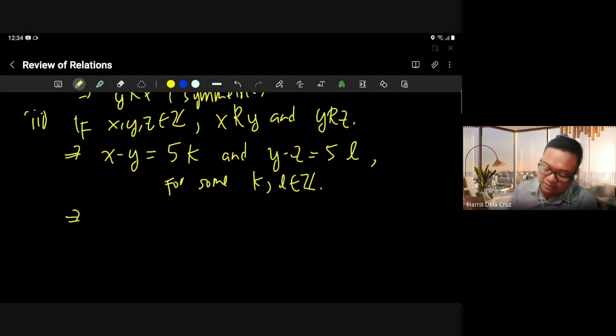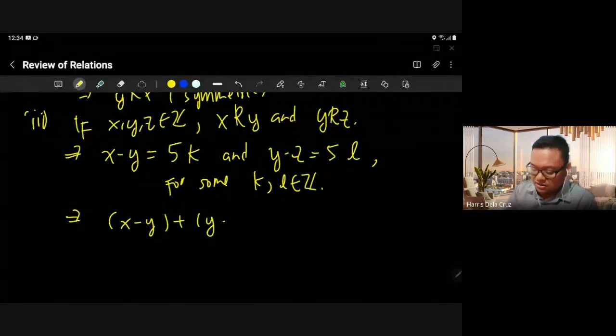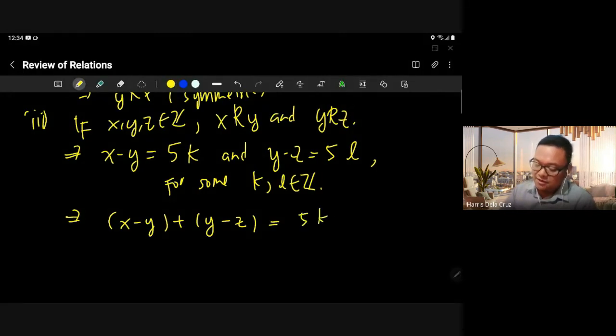I'll have x minus y plus y minus z equals 5k plus 5l. But I can factor out 5, right? So I simplify: x minus z equals 5 times k plus l.